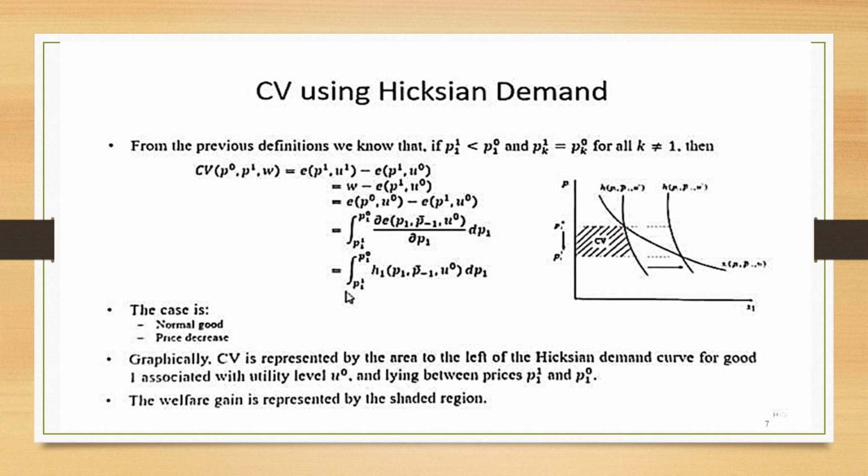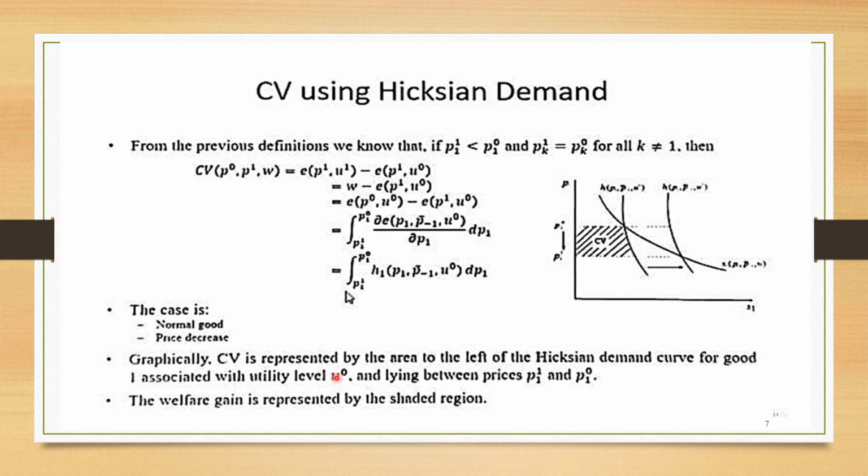Now we will calculate CV using Hicksian demand based on the given condition which we got from the previous definition. Here we replaced our compensated wealth with our initial expenditure function, and this is our CV area. Due to the price decrease, our Hicksian demand function goes upward, and this is the case of a normal good.